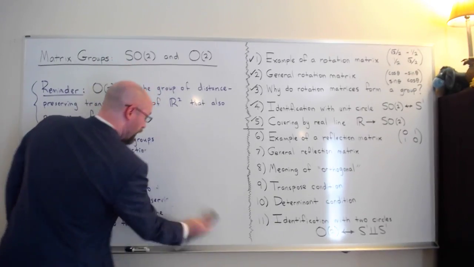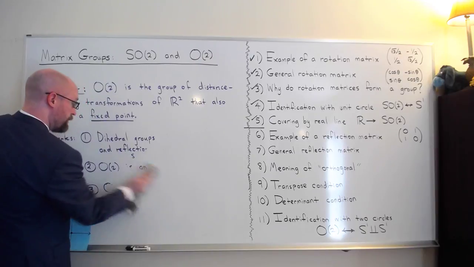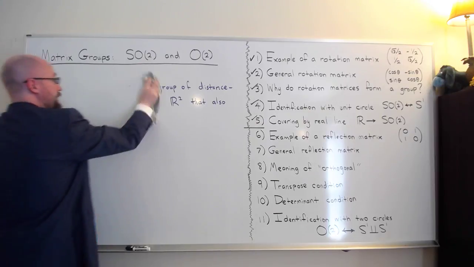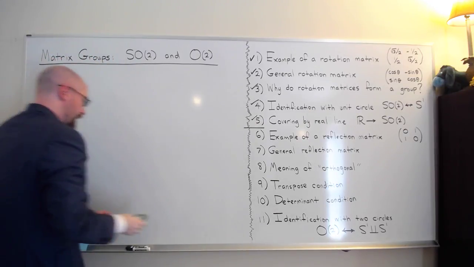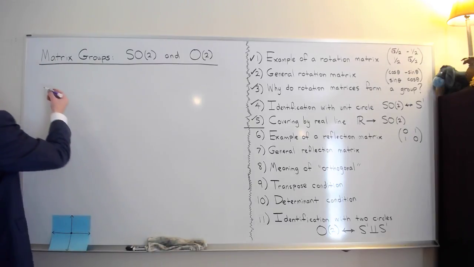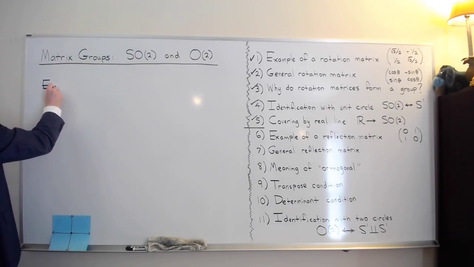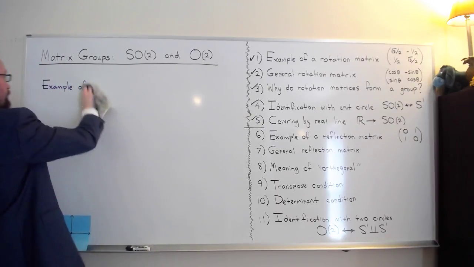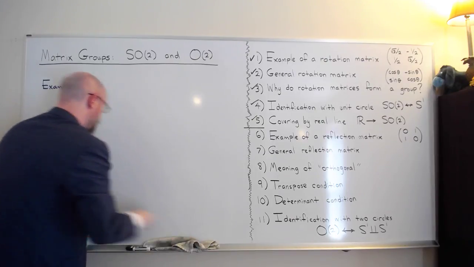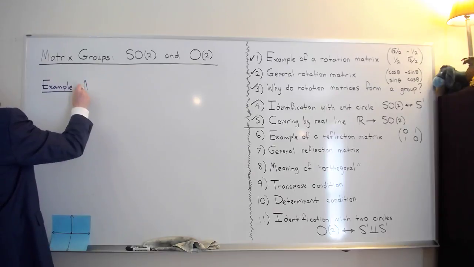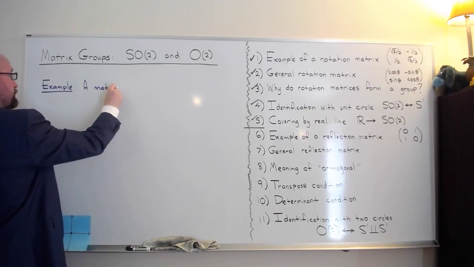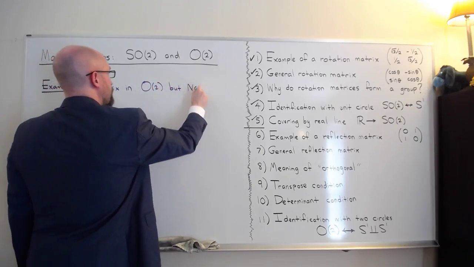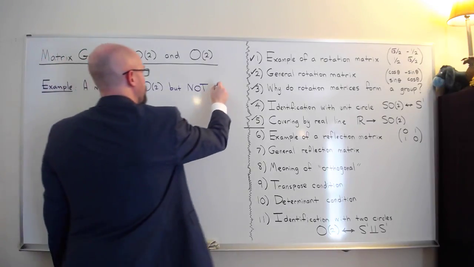And now I want to become very concrete and just show you a specific matrix which belongs to the orthogonal group and not to the special orthogonal group. And this is a reflection matrix. So this is an example: a matrix that's in O2 but not in SO2.